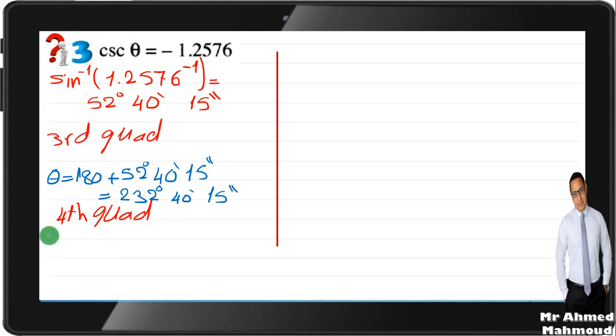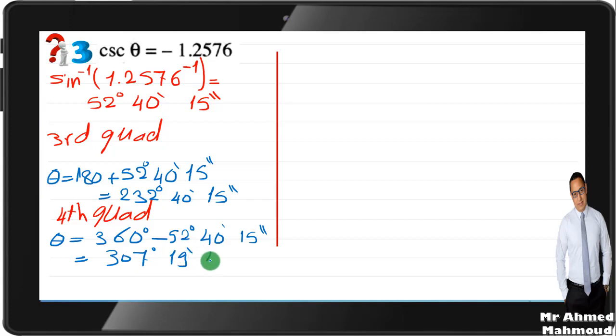In the fourth quad, theta equal 360 minus the smallest angle 52 degrees 40 minutes and 15 seconds. The answer is 307 degrees 19 minutes 45 seconds.